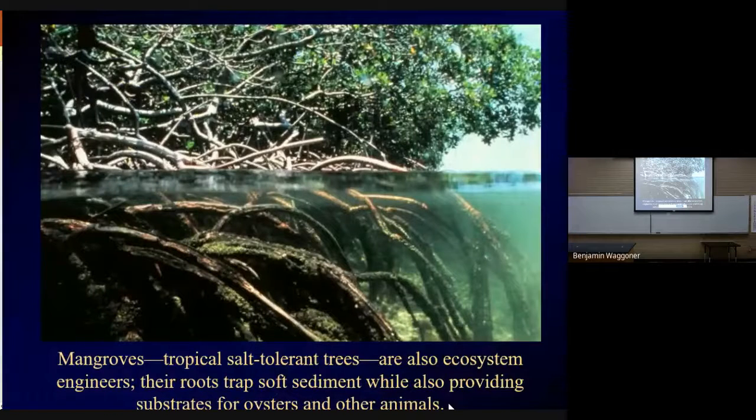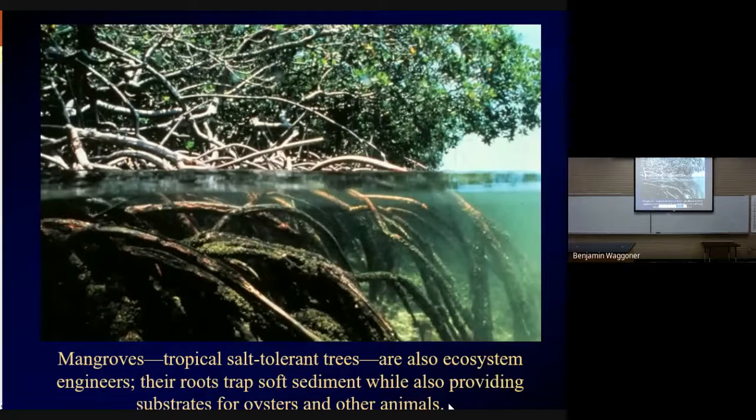Another big one that we'll talk about later, and one that is threatened on a global level now, are some specialized trees known as mangroves. Mangroves are tropical, they're very salt tolerant. Most plants are killed by salt water. Mangroves actually root themselves at the edge of the ocean.